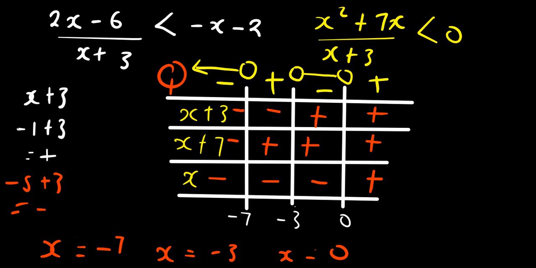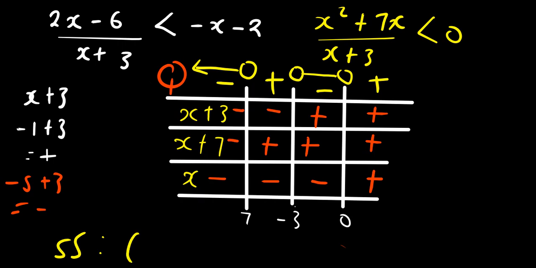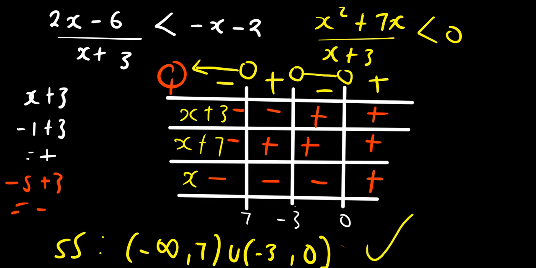So therefore our solution set for this problem will be all the values from negative infinity to negative 7, where negative 7 is not included, union all the values from negative 3, which is not included as well, going to 0, so you're ending at 0. Now 0 is also not included. You only want the negative numbers. So this would be our solution set.